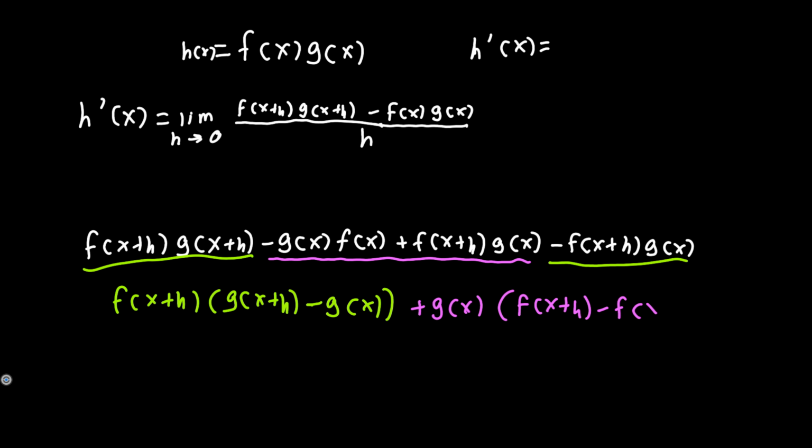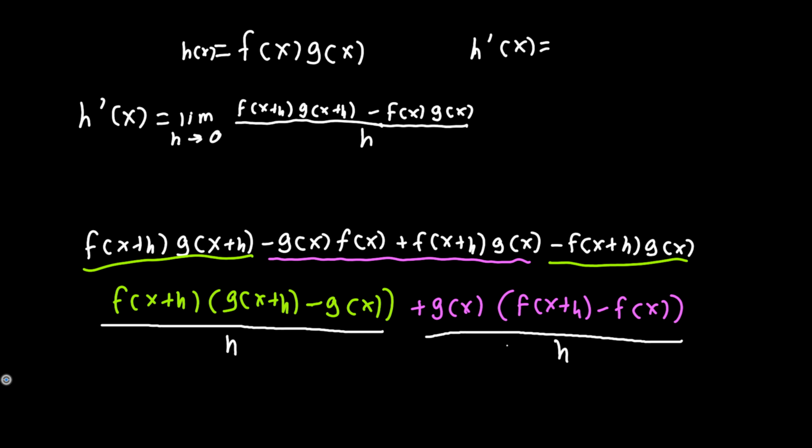Since everything is divided by h, we could simply split it into two different fractions. Here we could include the h inside of our expression for g, which is going to be over h.